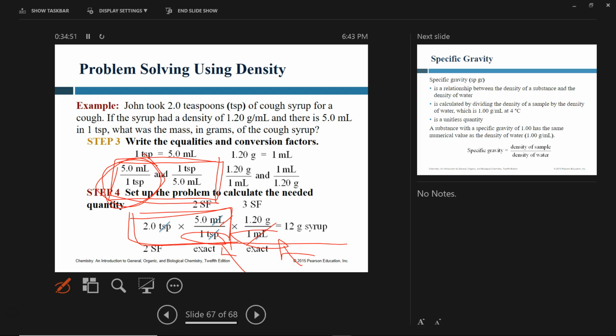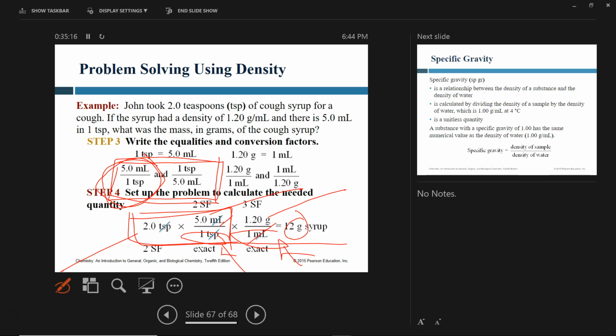All you care in terms of the significant figures are 2, 5, and 1.20. Which number has the least significant figures? 2.0 and 5.0. So it's 2 significant figures. This is your answer. 12 grams. Does that make sense?